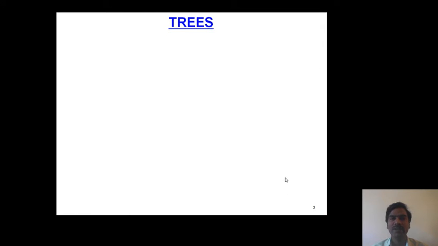Here the first concept, trees. So a tree is a non-linear data structure.